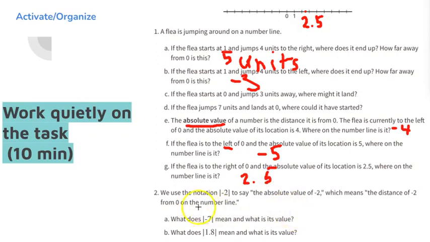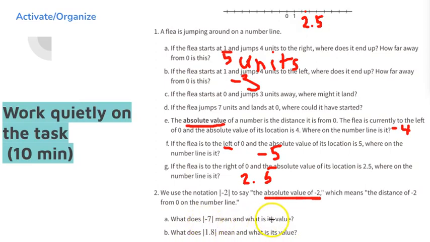Okay. So when we use notation like this, when we have the 2 lines with a number, we would say the absolute value of -2 means the distance of -2 from 0. So what does the absolute value of -7 mean, and what is its value?